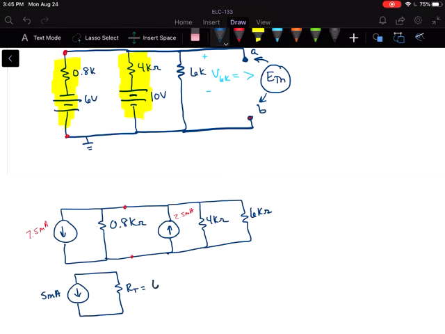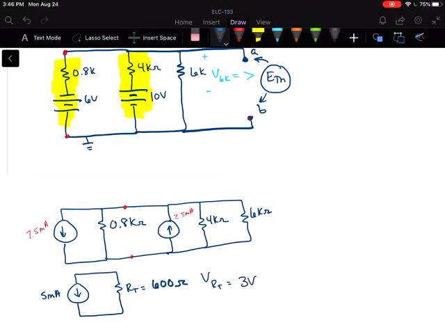Okay, so I've got 600 ohms there. So that means the voltage drop, or VT, would be that times the 5 milliamps, which is 3 volts.